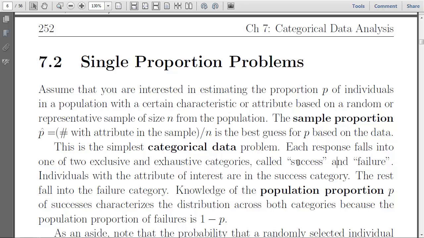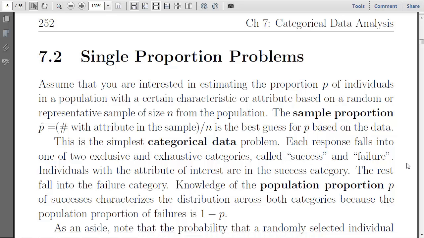For example, there may be lots of hair colors, and perhaps a success is choosing someone at random who has black hair, and a failure is choosing someone with everything else: blonde, brown, etc. Success and failure there don't indicate characteristics of the people you chose, but we're interested in estimating the proportion of people with black hair. And so seeing an observation with black hair is a success.